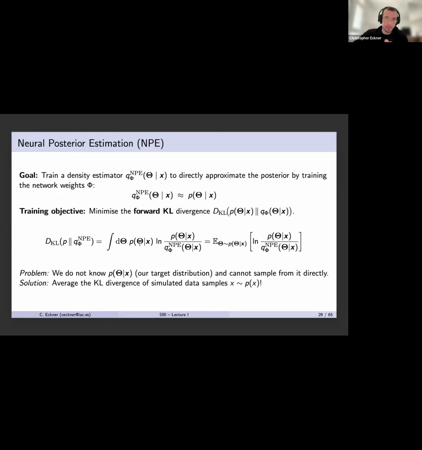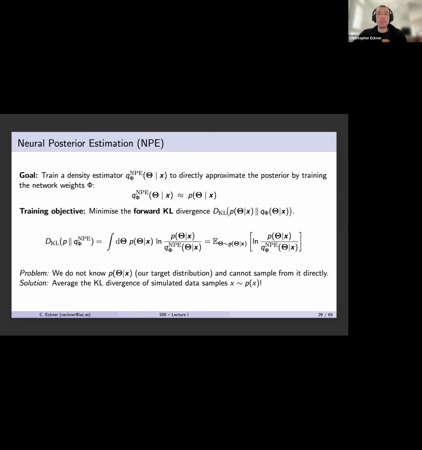So we say, given the definition, this quantity here is the integral over the parameters of the posterior of the problem, using the Kullback-Leibler divergence, so the logarithm of the ratio of the true posterior and our posterior that we want to approximate.